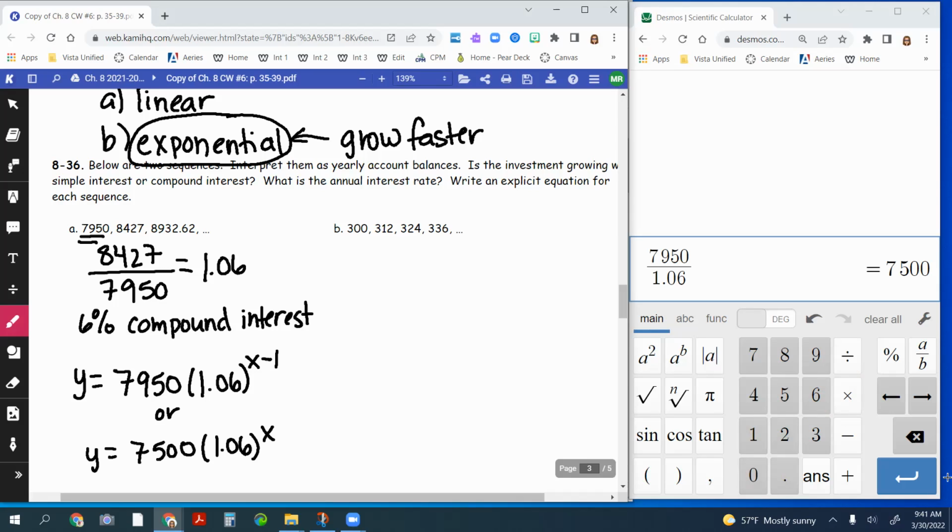Now, for the next one, we're going to be starting with 300 and then 312 through 324. So we are adding 12. So this is going to be simple interest.